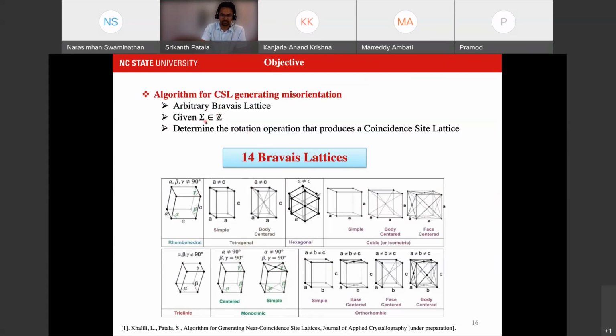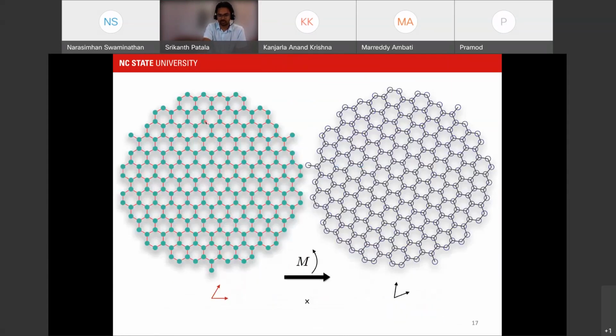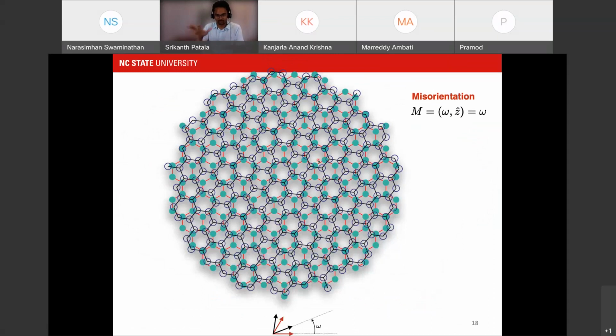So let me quickly show an example, if you're not aware what a CSL lattice is, using this two-dimensional hexagonal lattice. We create an interface with two grains. I have two lattices, and I'm just using a hexagonal lattice as an example with a certain misorientation. What we do is overlap them on top of each other, and if you look very carefully, there is a coincident site lattice.